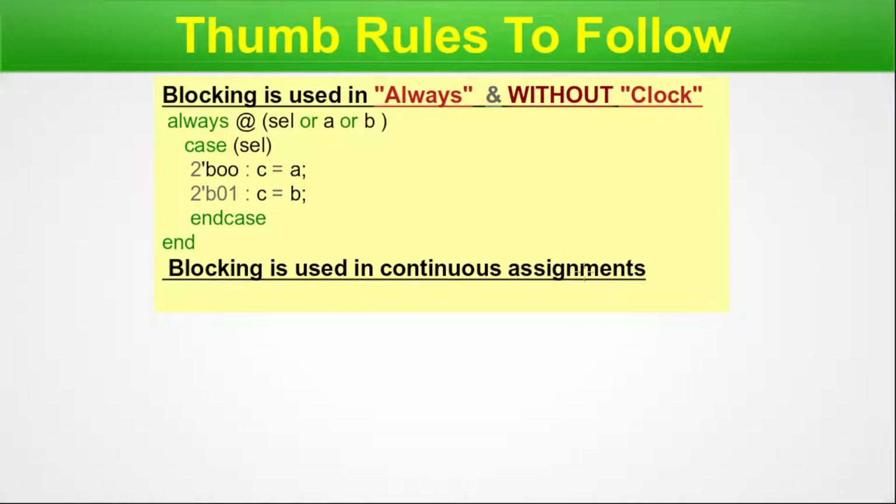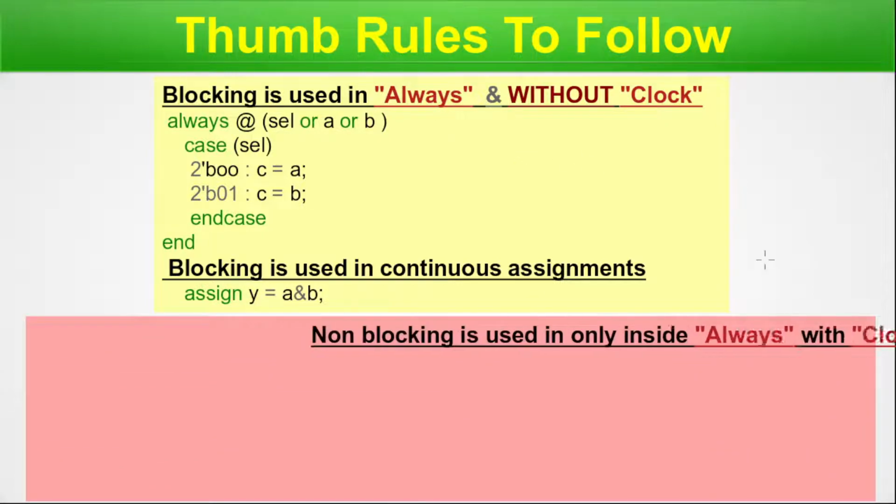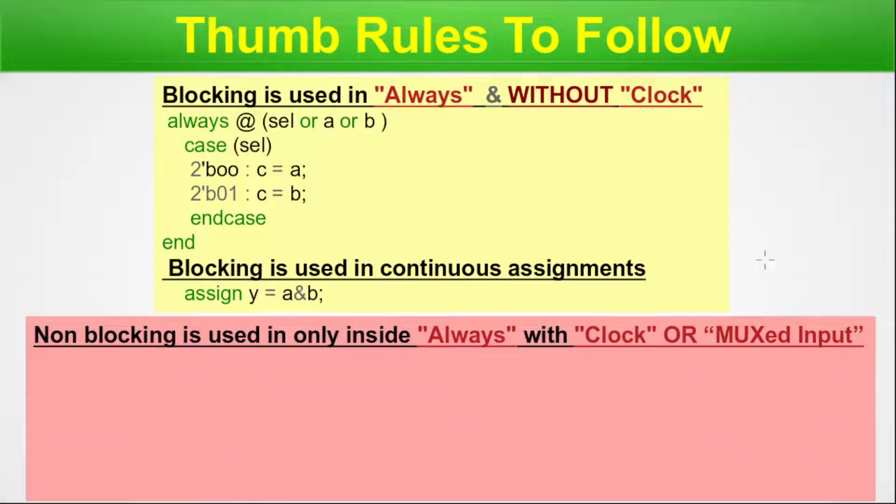Blocking is used in continuous assignments, like here, you can see we have used the continuous assignment. This is the case where you can use blocking where you do not have a clock, however you have a muxed input. Better you can use the non-blocking, however, this you can use. So you have some relaxation here. Non-blocking is used only inside the always with clock or muxed input.